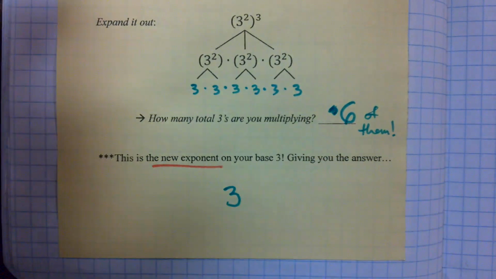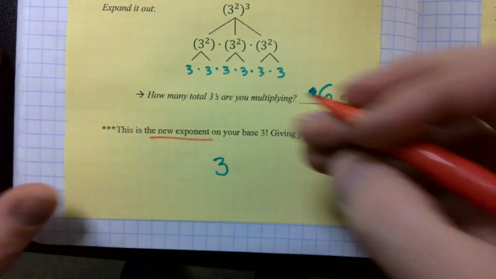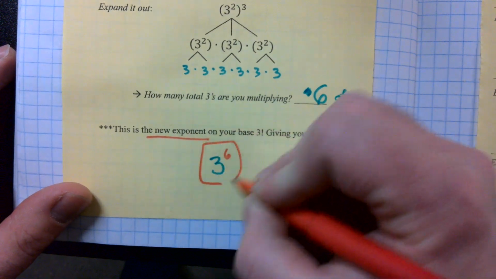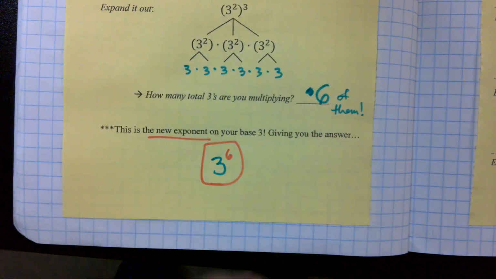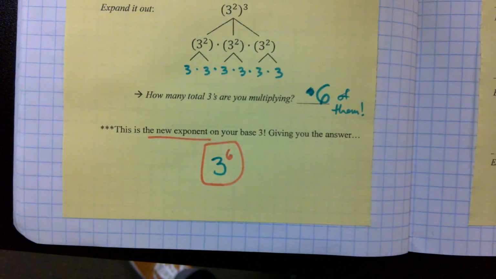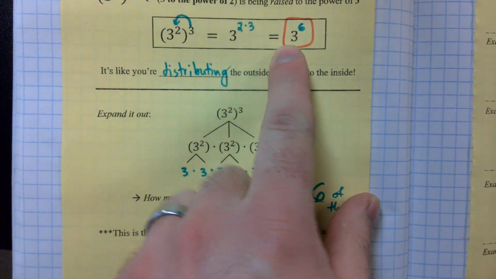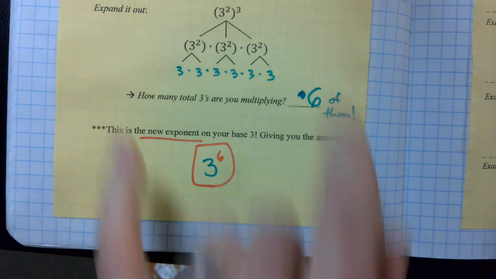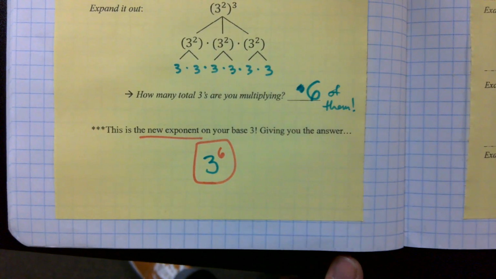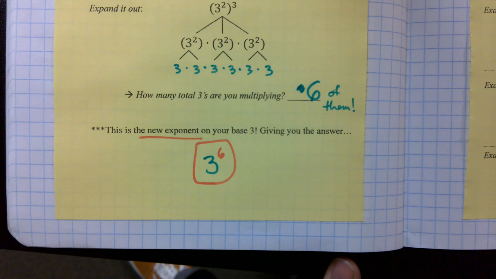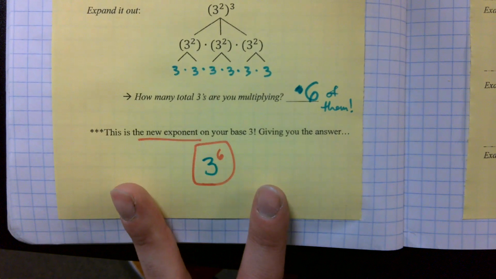How many do I have again? 6. So I can write it as 3 to the power of 6. Is that the exact same answer we got just by multiplying and distributing those exponents to each other? Yeah, 3 to the 6th power. Give me a thumbs up if that makes a little bit of sense.